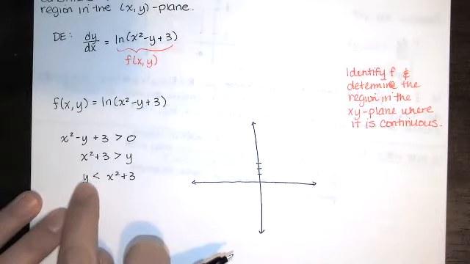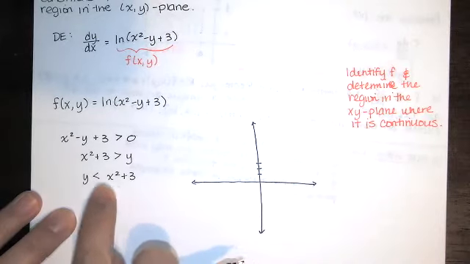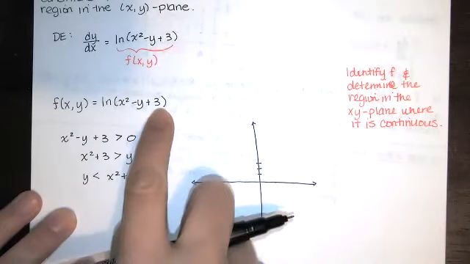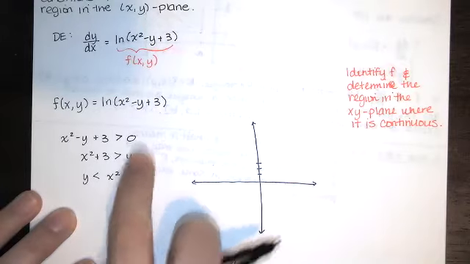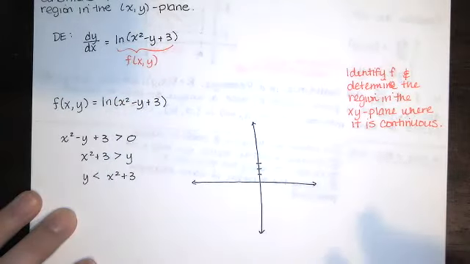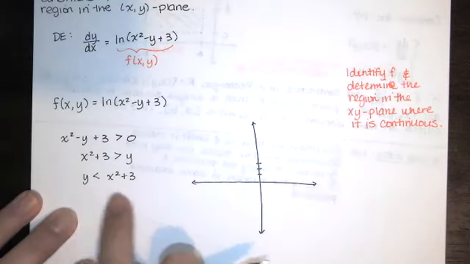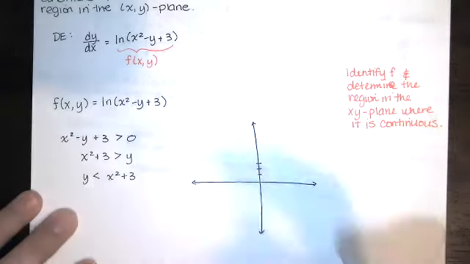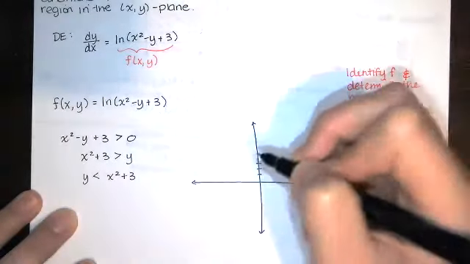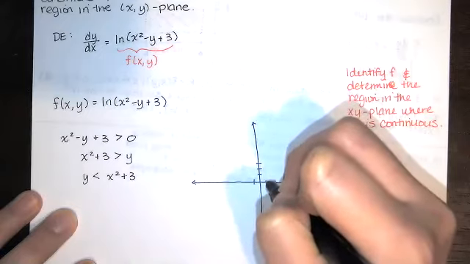And since this says y is strictly less than that, the parabola itself is not in the domain of this function. When y is equal to x squared plus 3, we'd have natural log of 0, which we can't do. Yeah, the parabola is a boundary of the region where this function is well defined. So we're going to just sketch it with a dotted line.